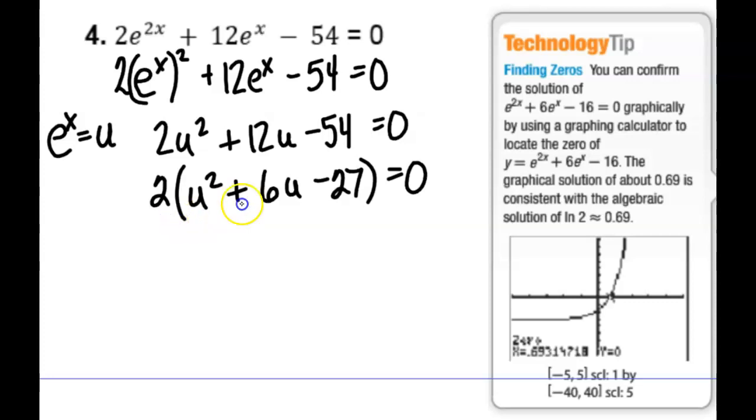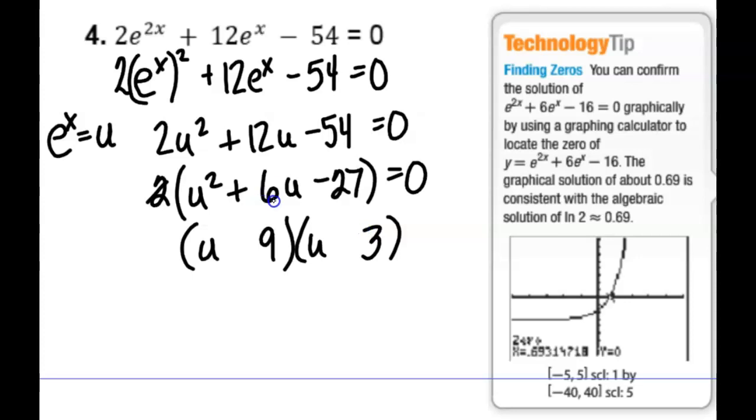Now, does 2 equal 0? Now, this is not going to be a solution. We really could just throw that out, divide everything. But this will factor u and u, factors of 27 that make 6, 9 and 3.